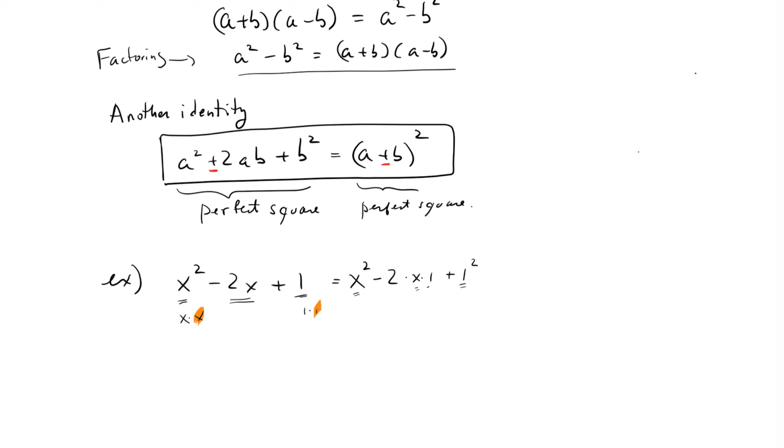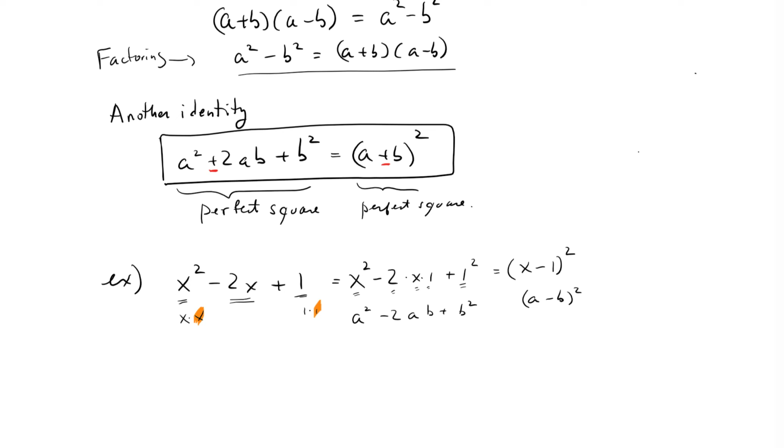This is x times 1 times 2. Oh, bingo. So this is really of the form a squared minus 2ab plus b squared. So that's a perfect square. So that's going to give me a minus b squared, so that's going to give me x minus 1 squared.